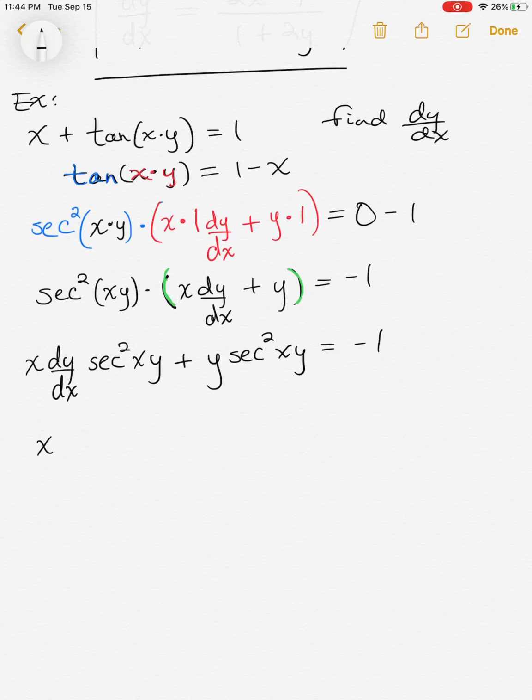All right, we're trying to get dy/dx by itself, so we're going to have x dy/dx secant squared(xy) equals negative 1 minus y secant squared(xy).